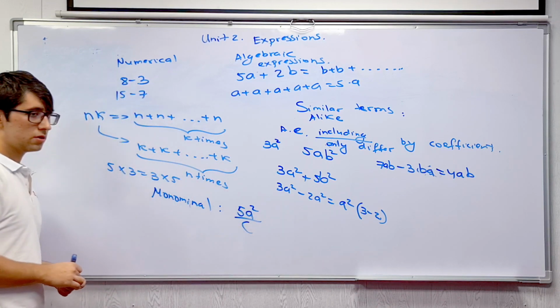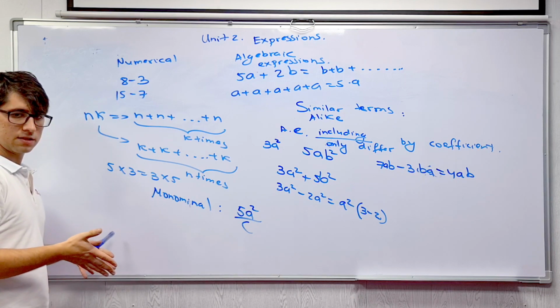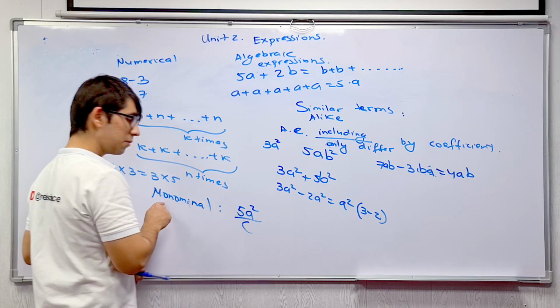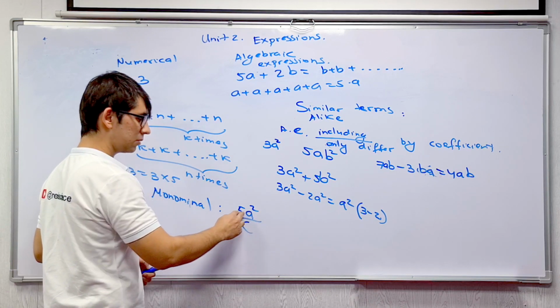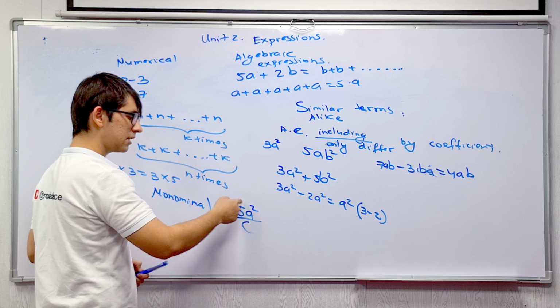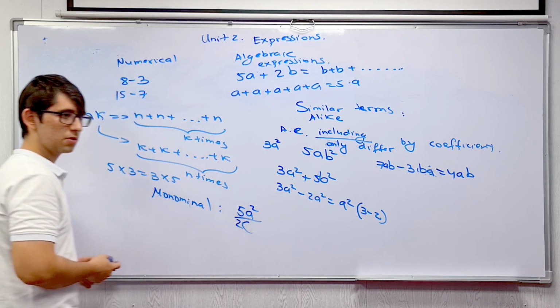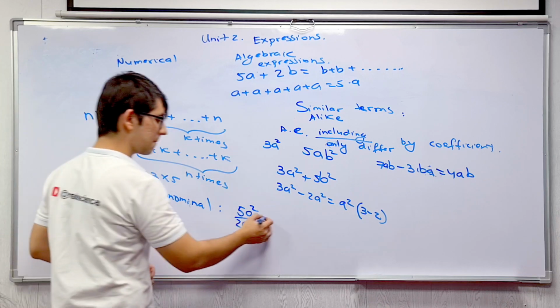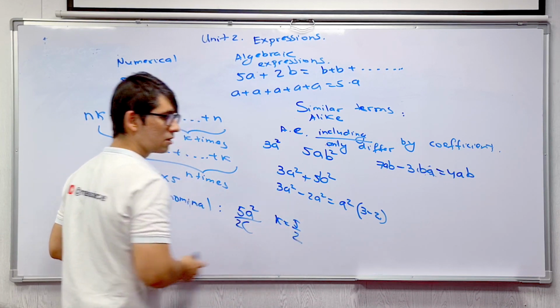Is it a monomial? Yes, it is. So, a monomial includes multiplication or division of letters and coefficients. Okay, the coefficient might be fractional. For example, 5 over 2. Here your k, which stands for coefficient, equals 5 over 2.